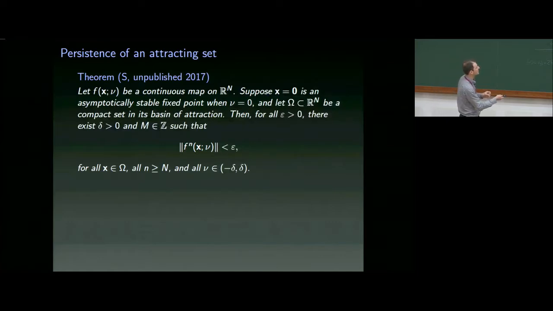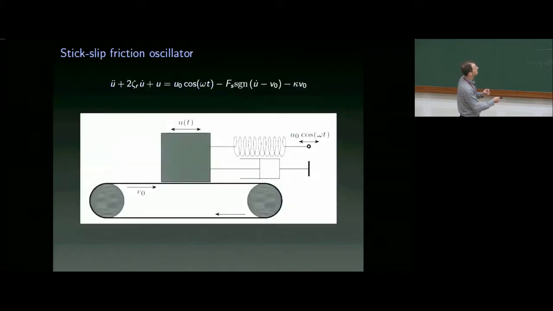Okay, so let's see this result in action, if you like. So here's a toy model of a stick-slip friction oscillator. Stick-slip friction occurs in many mechanical systems, related to complicated dynamics in mechanical systems.